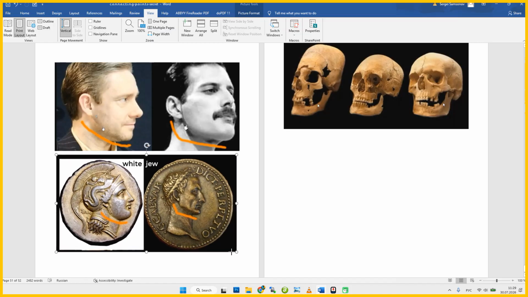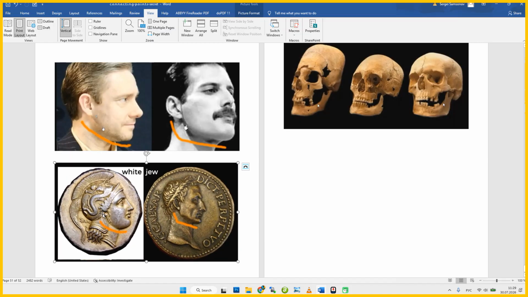Okay, and let's check these coins. So this is Julius Caesar. Caesar, okay. And this is a Troy coin. So this is ancient Hellas, you know, a very, very ancient coin.